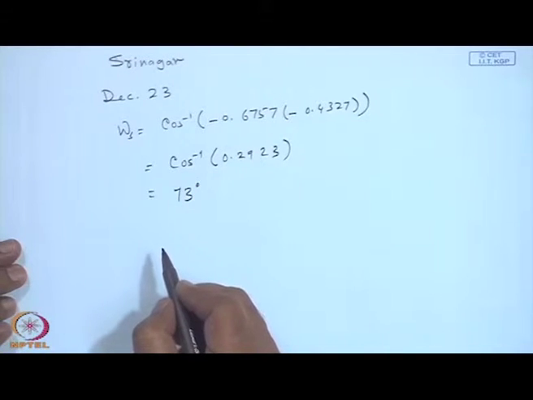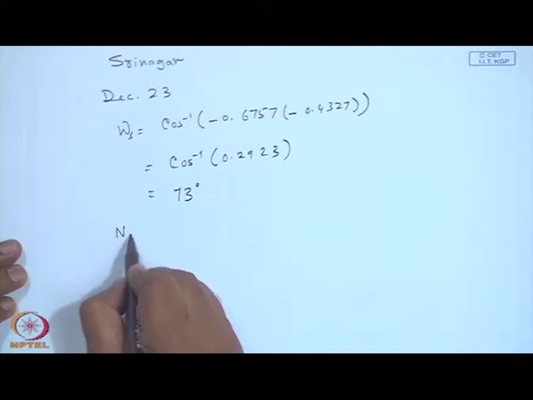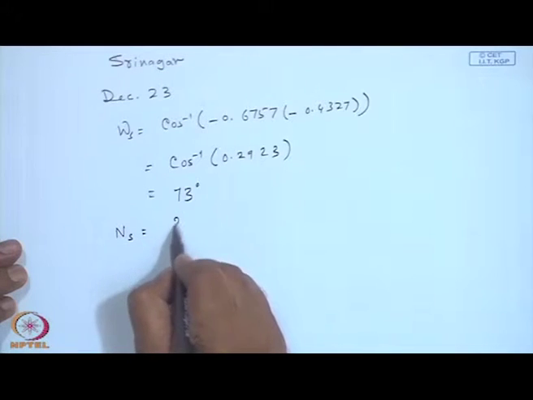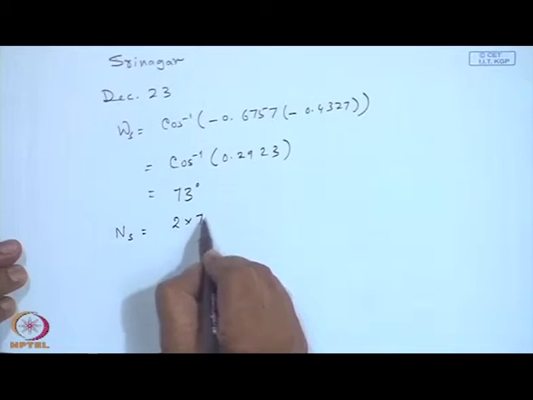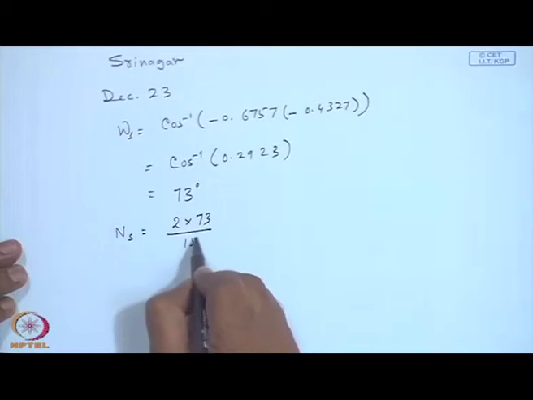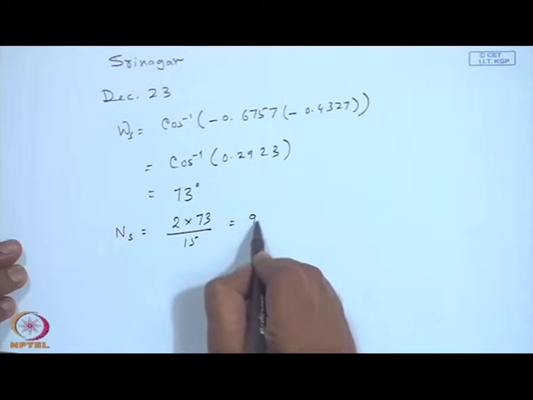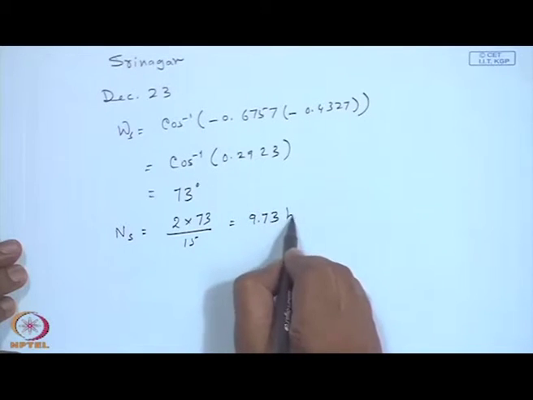So, your sunset hour angle is less than pi by 2, as can be expected in a winter month, and number of sunshine hours N s will be twice omega s by 15 in degrees, which will be 9.73 hours.